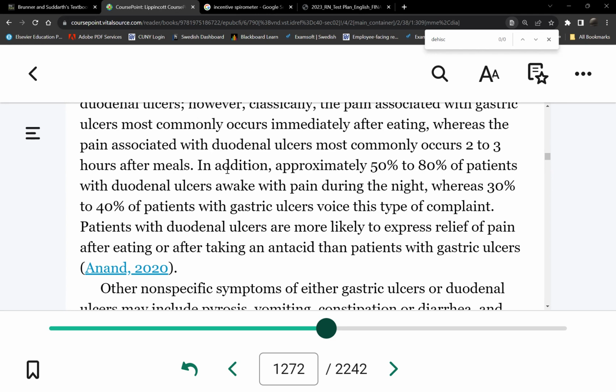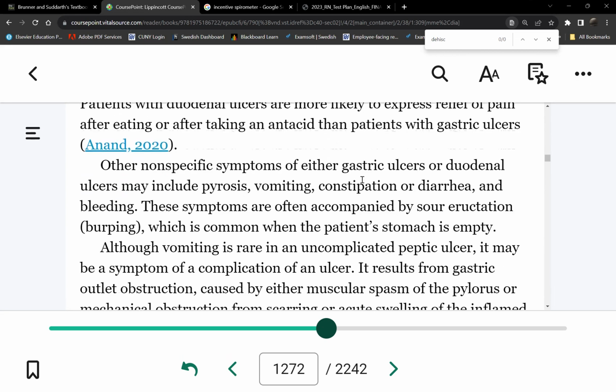Approximately 50 to 80% of patients with duodenal ulcers wake up at night with pain, whereas only a small percentage of patients with gastric ulcers do, so more patients with duodenal ulcers have the pain at bedtime. Some gastric ulcers have it, but a lesser percentage.